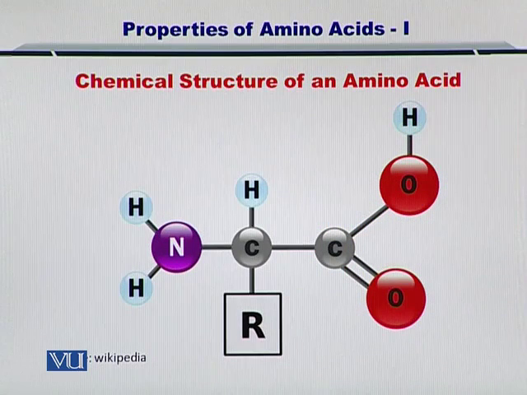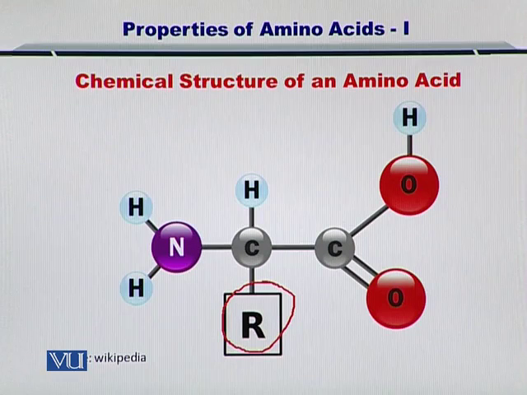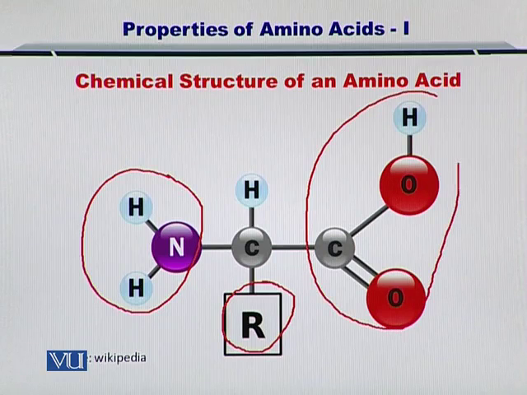Here you see the structure of an amino acid with its side chain R given in the square box below. All the 20 different amino acids differ by their R group only. The rest of the elements, as shown here, the amine group and the carboxylic group, are the same for all different amino acids.